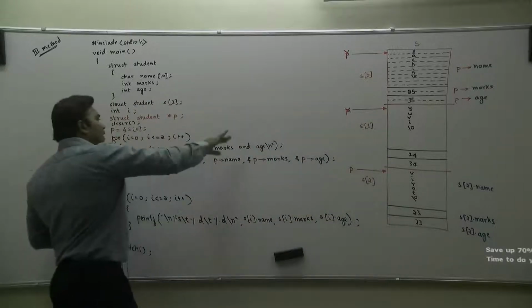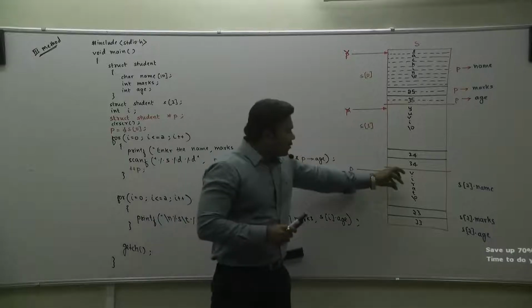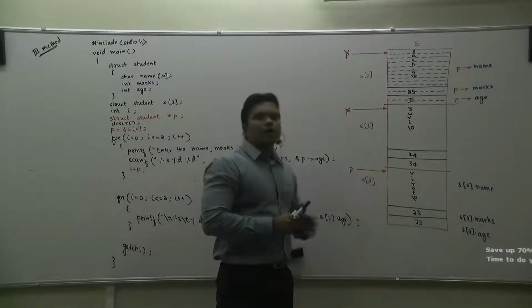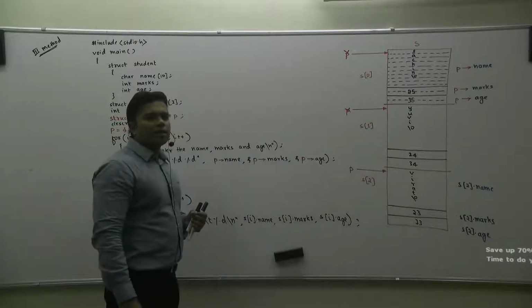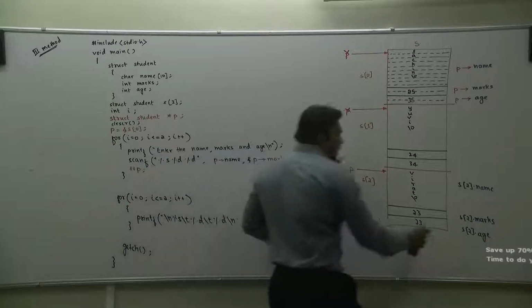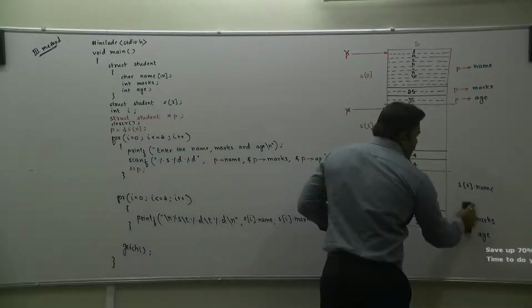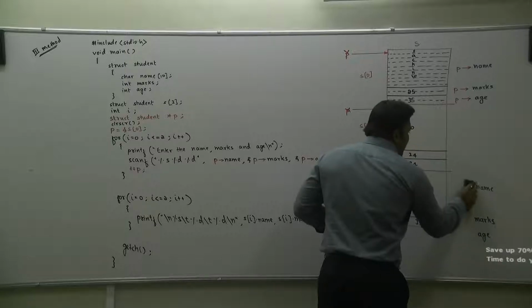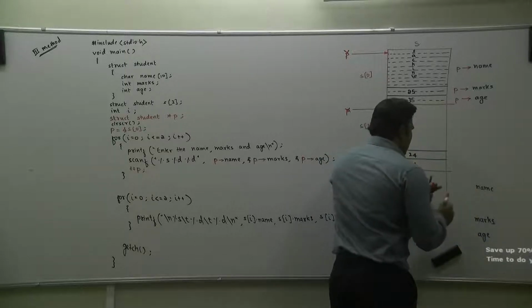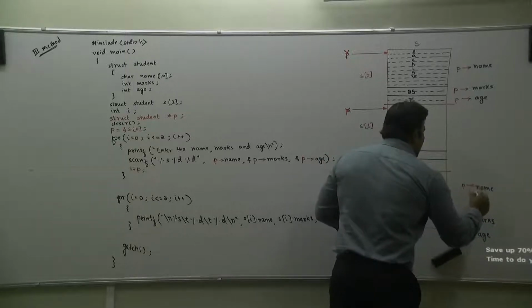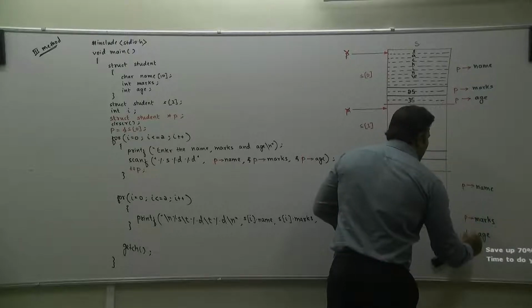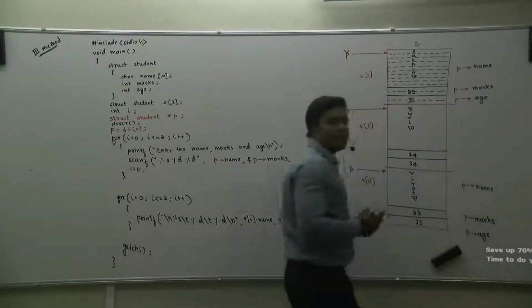And then again the name, marks and age, you will put it in p arrow name, p arrow marks, p arrow age. So this location, either you can tell s of 2 dot, or as I have just now told you, you can also tell it as p arrow name, p arrow marks, p arrow age.